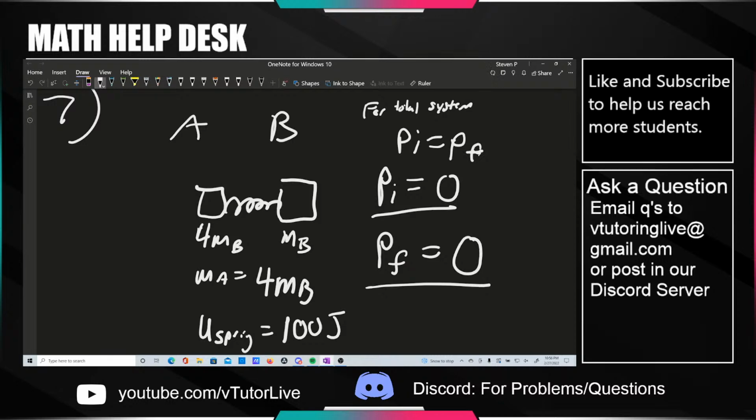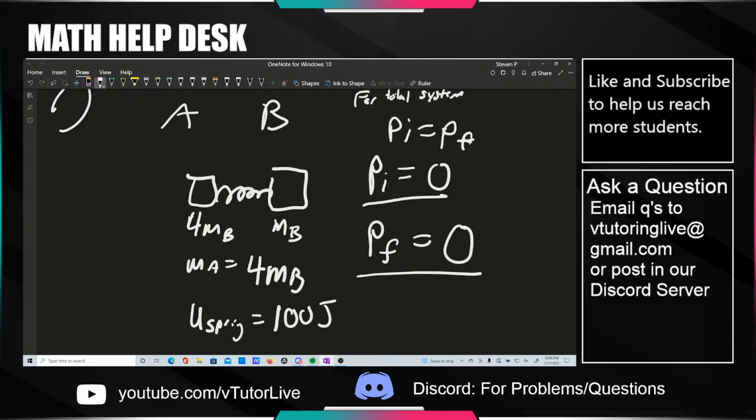If between you and me, we pushed each other off, like we were still for a moment, and then we pushed against each other, one of us might weigh more than the other, so one of us might move faster than the other, but our total momentums before and after have both got to be 0. That's basically what's happening here. The spring is just a convenient way of saying these two things are pushing off each other.